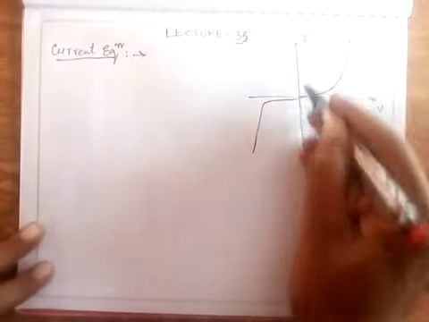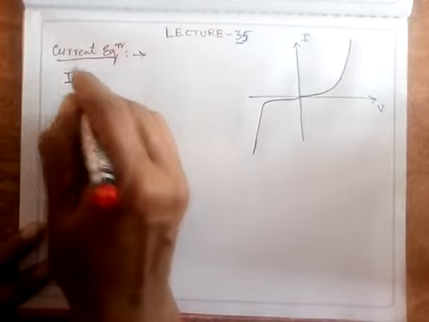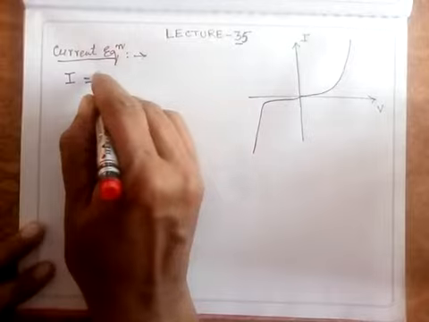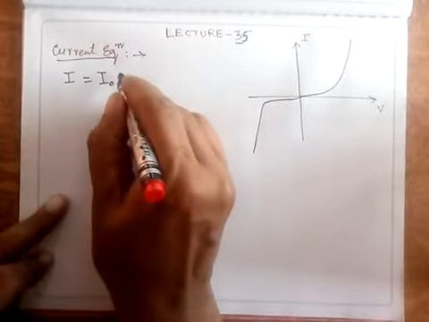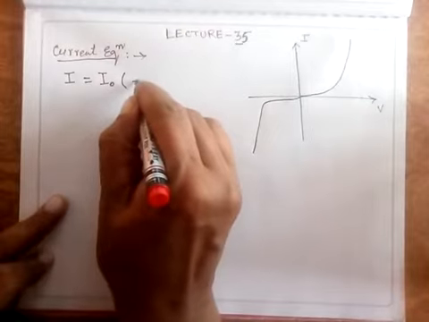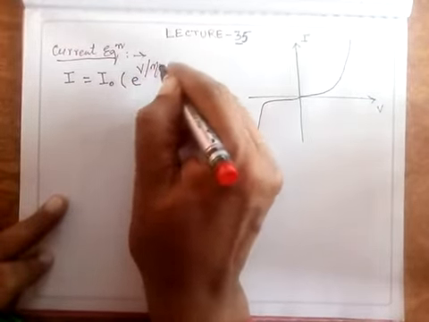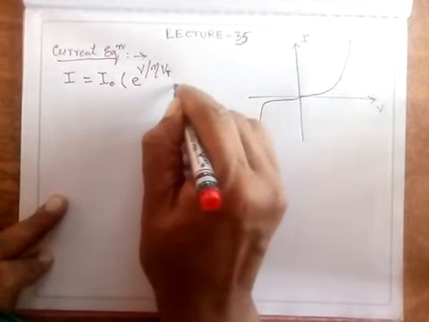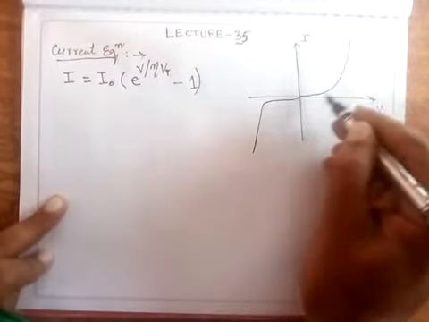Suppose this current flowing is I. This current flowing through this diode is given by I is equal to I naught into e to the power V upon eta Vt, where t is the suffix, minus 1. This is the equation of this curve.